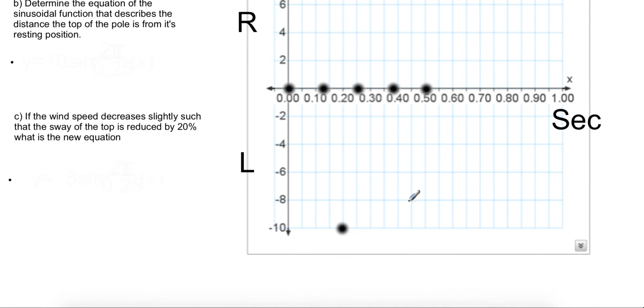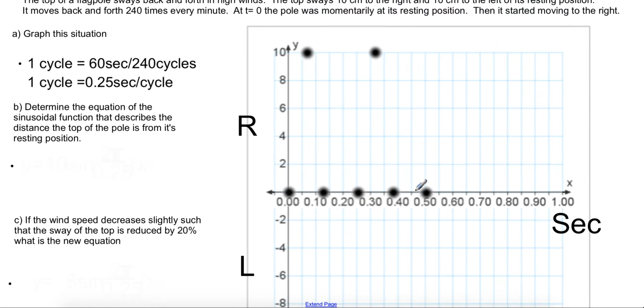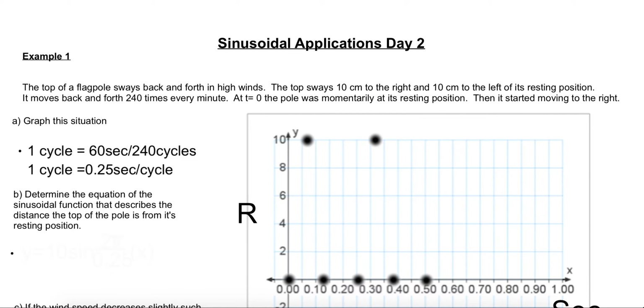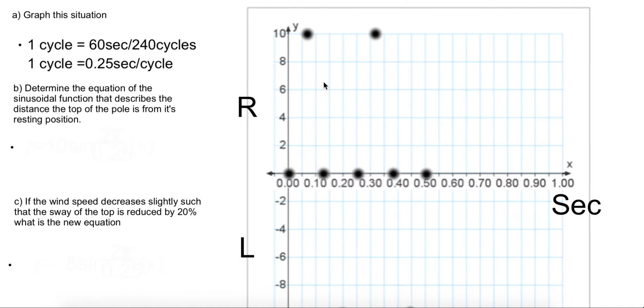I'm not asking you to use the graph to actually solve anything. I'm just asking you to graph the actual equation here, or the points. And now I'm going to be connecting the dots, and it's probably going to look terrible because I'm trying to do this on my mouse pad, but you'll get the general idea.